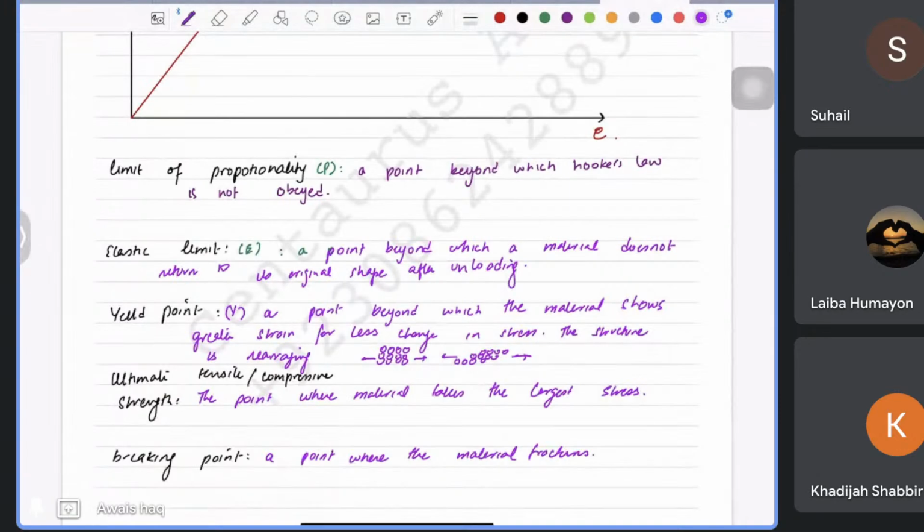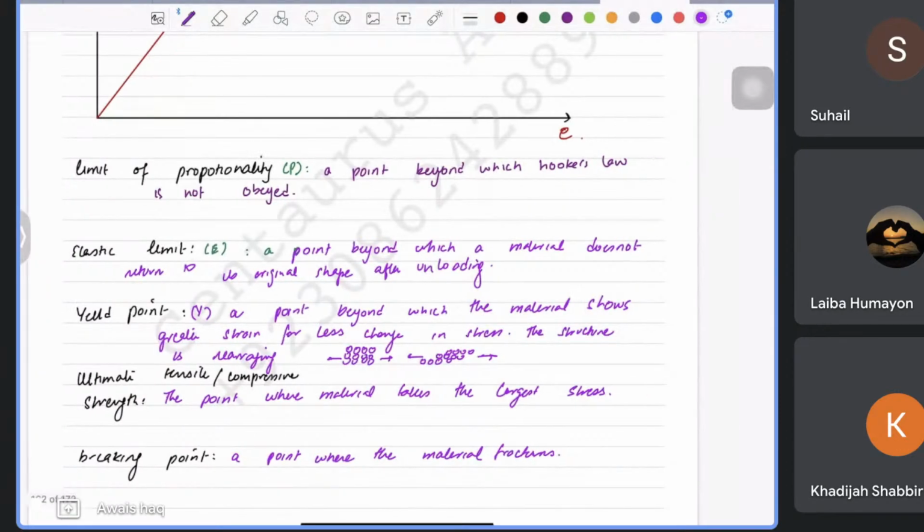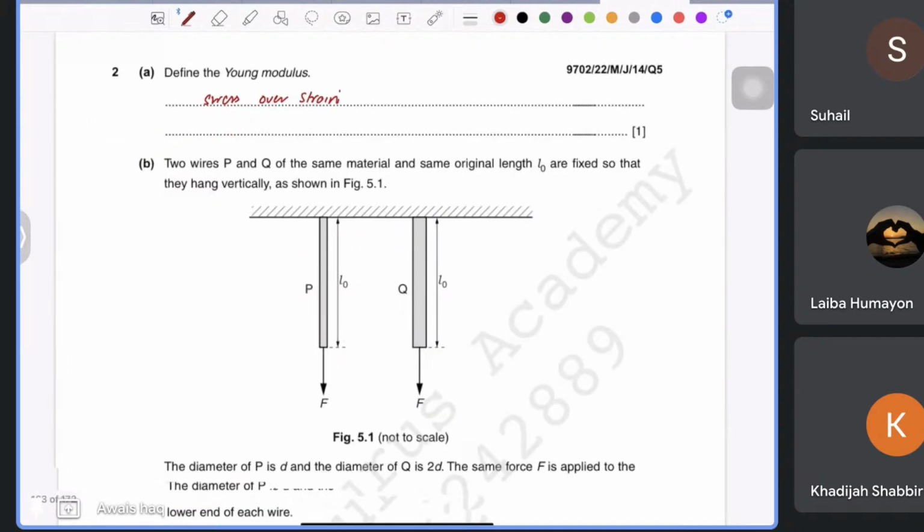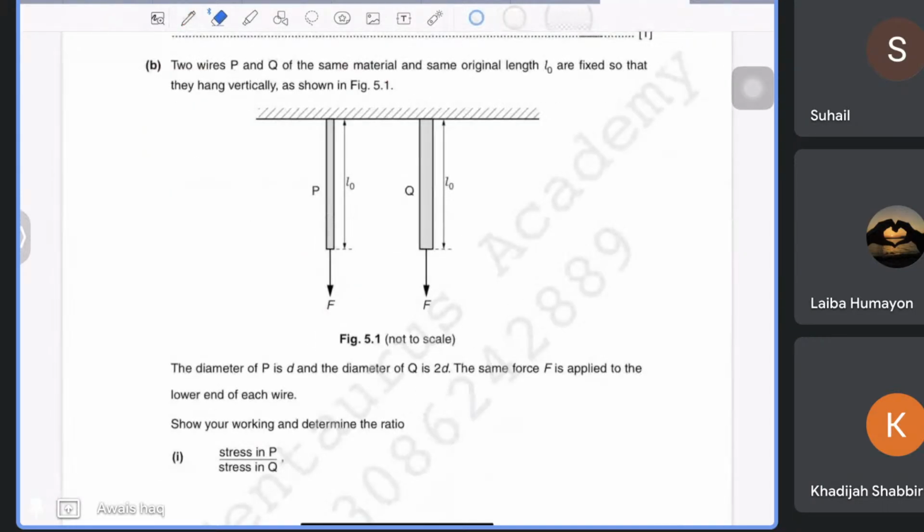Fine. Now, again, Young's modulus, we know it's stress over strain. And then one of the questions says that two wires of the same material, and the diameter of P is d and the diameter of Q is 2d, the same force F is applied to the lower end of each wire.